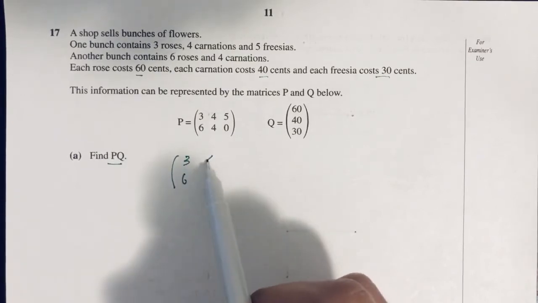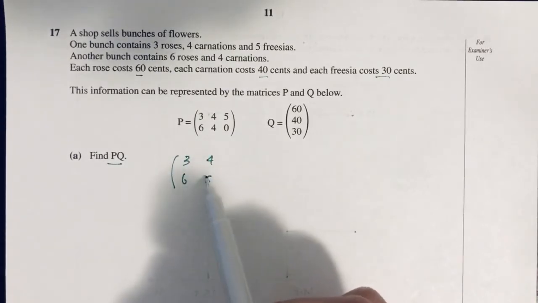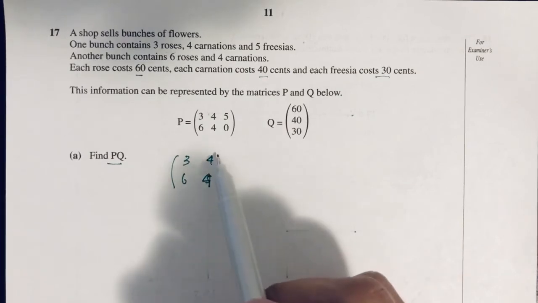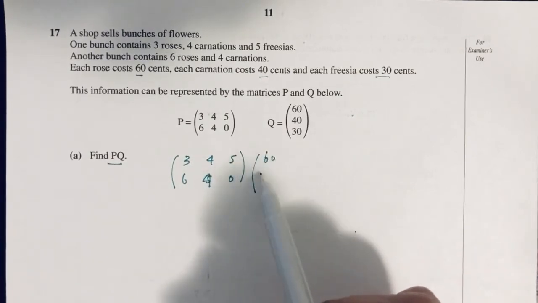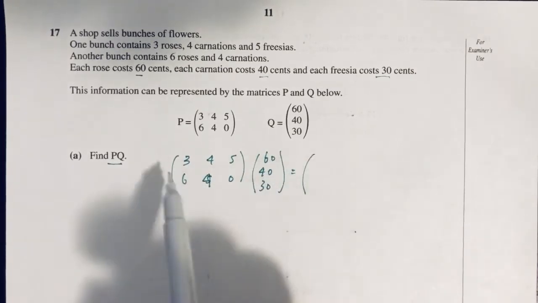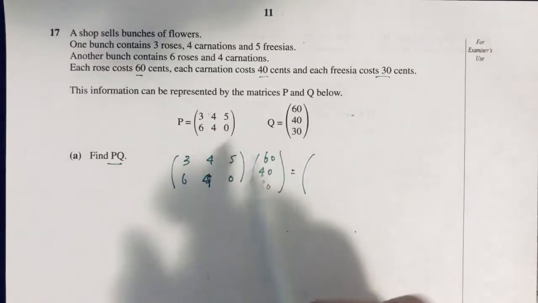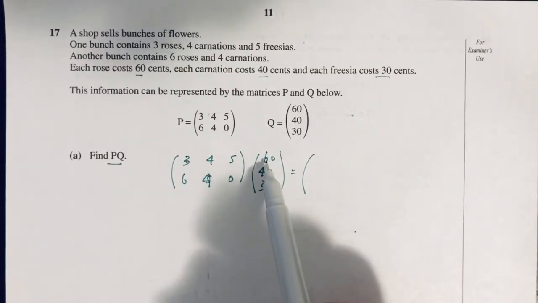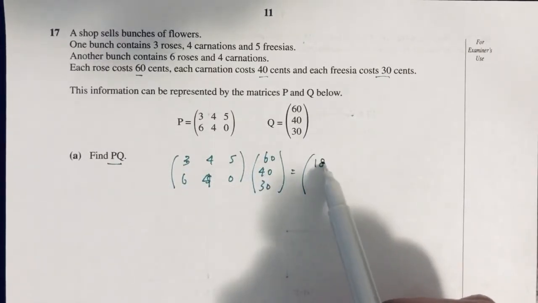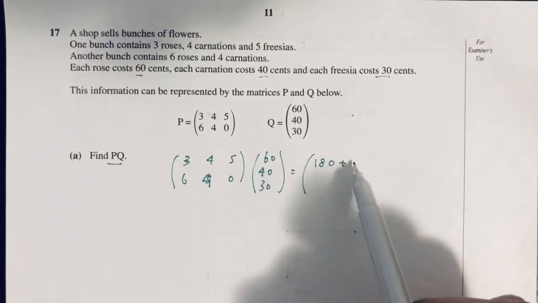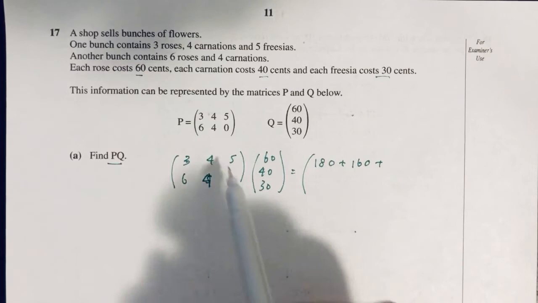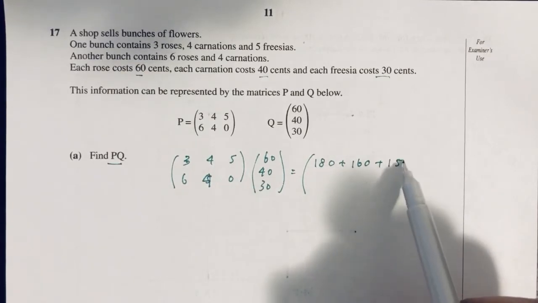So P is 3, 4, 5 and 6, 4, 0. Multiply by Q, which is 60, 40, and 30. So row by column. So 3 times 60 will be 180, plus 4 times 40 will be 160, plus 5 times 30 will be 150.